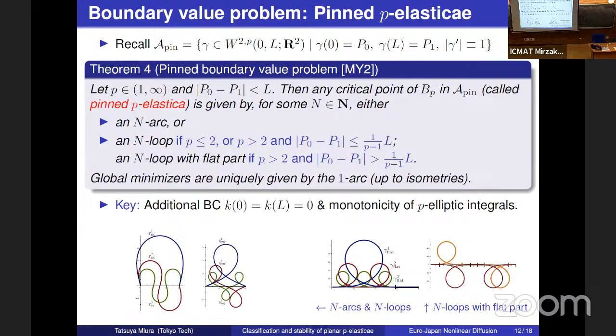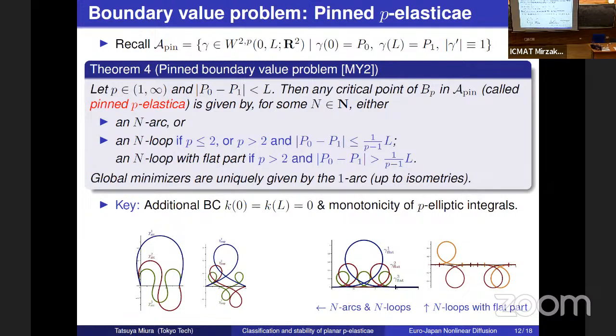Because we have Jacobian elliptic functions and integrals, the boundary value problems involve a very complicated system of transcendental equations, which is quite difficult to solve. So in this sense, for a difficult boundary value problem, it is difficult to solve.